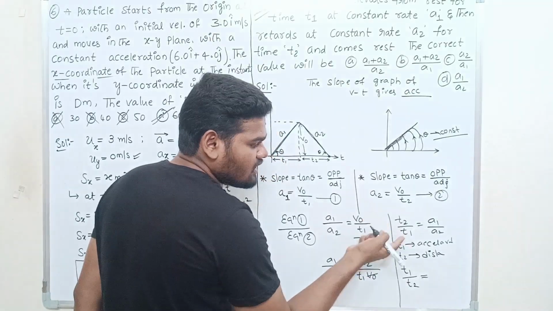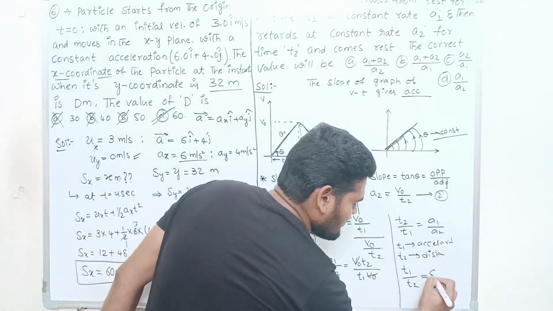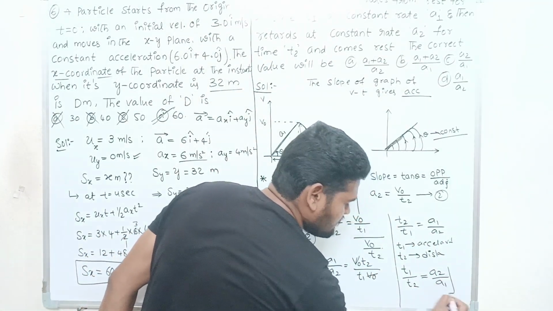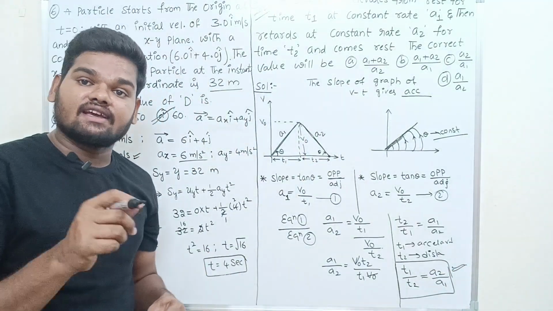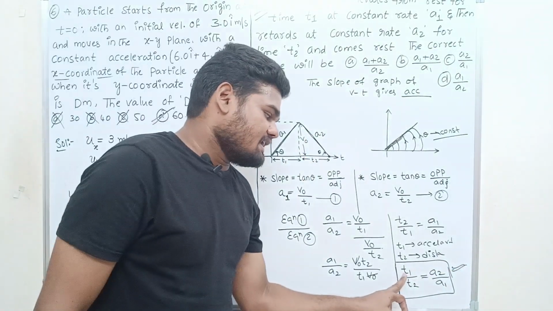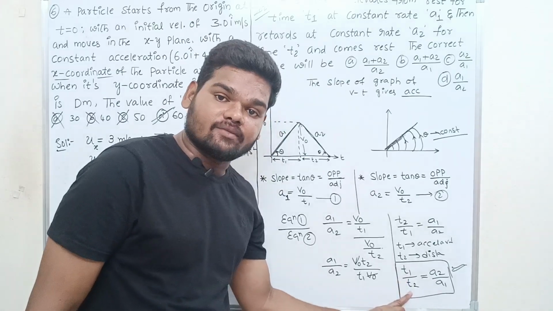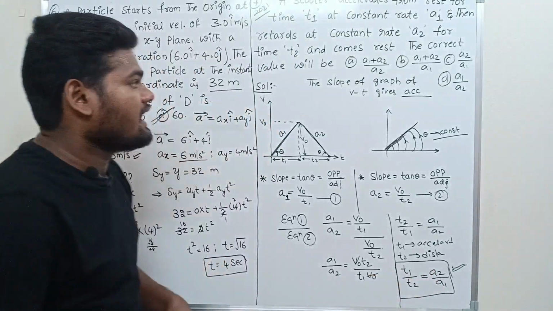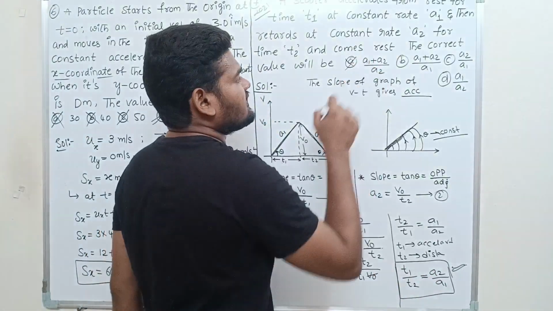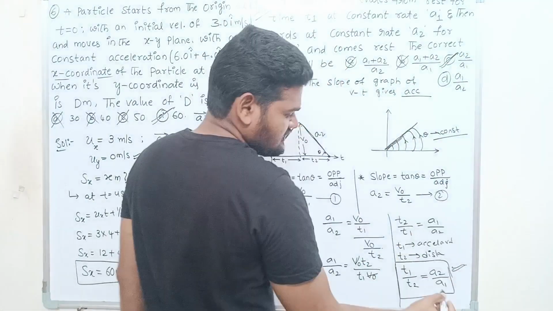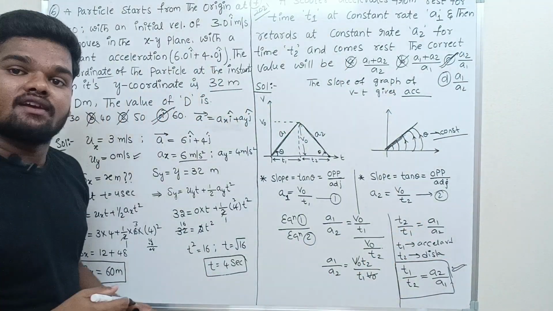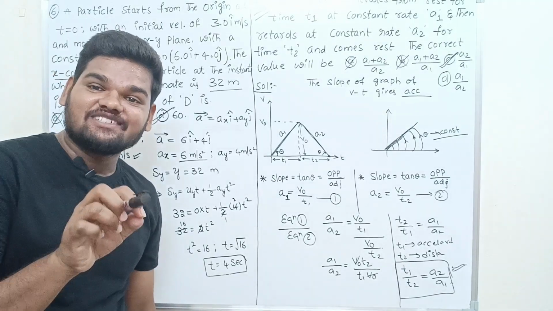If I write the reciprocal, it becomes a2 by a1, and this is the correct relation for acceleration as well as retardation time. That is equal to a2 by a1. Have a look. This is not a correct option. This is also not a correct option. So a2 by a1 is the correct option. Okay. Right. Are you getting any doubts? Okay.